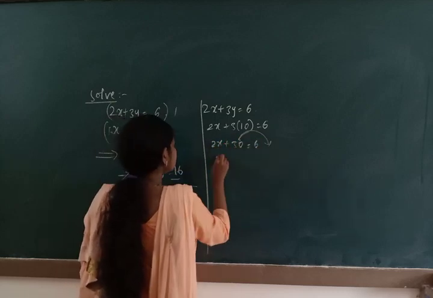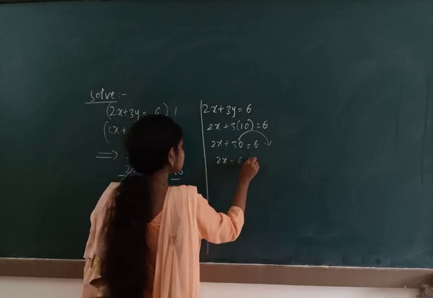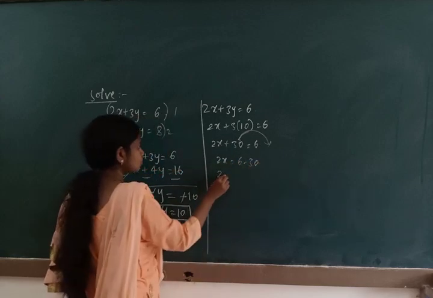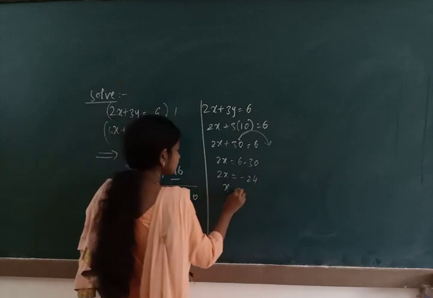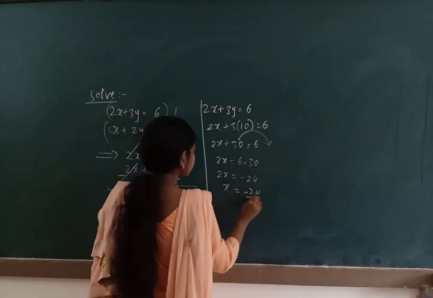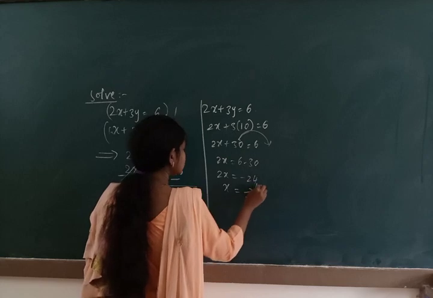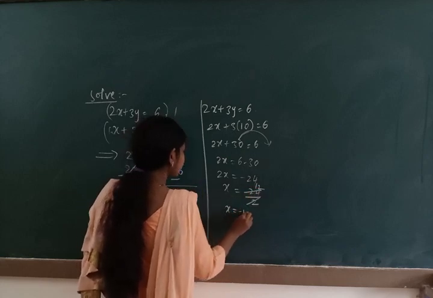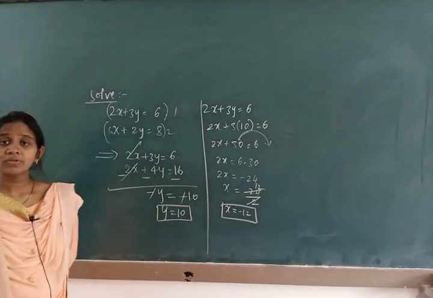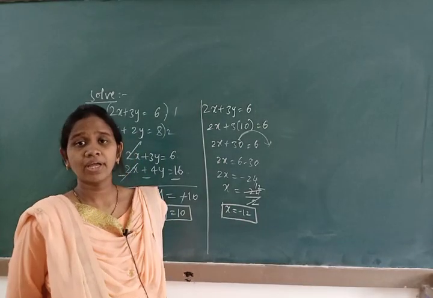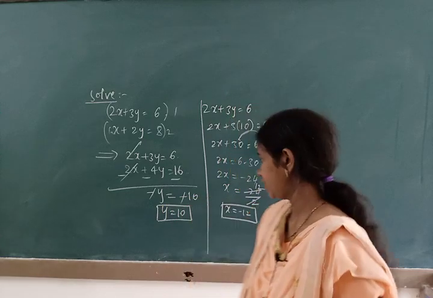Transfer this side, 2x is equal to 6 minus 30, 2x is equal to minus 24, x is equal to minus 24 divided by 2, 2 twelves are 24, x is equal to minus 12. So we got two values, one is the value for x and another is y.